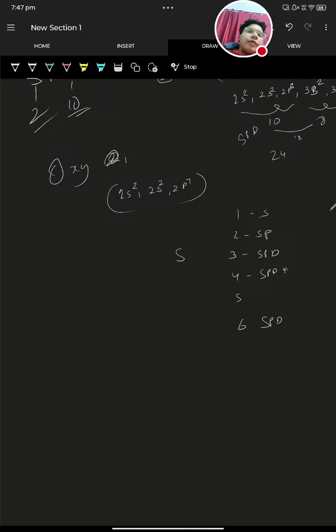Copper and iron. Copper Cu and iron Fe, these both have 4p, so 4s¹.